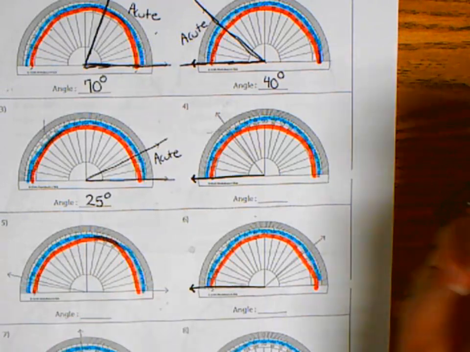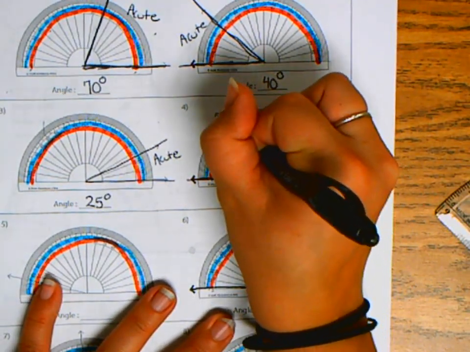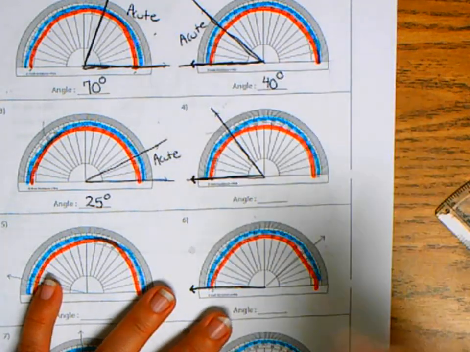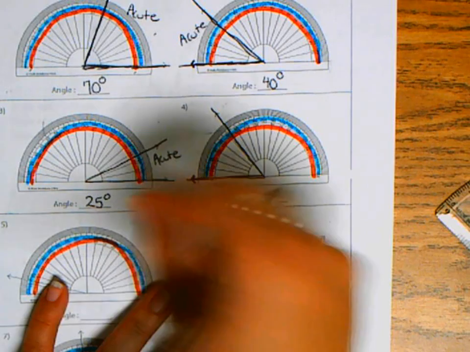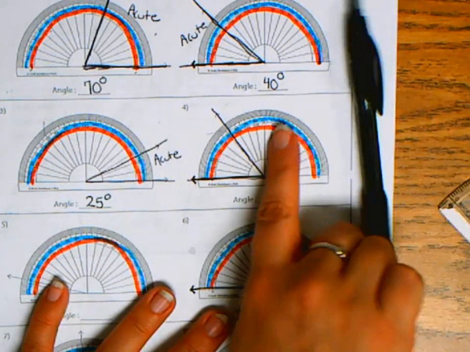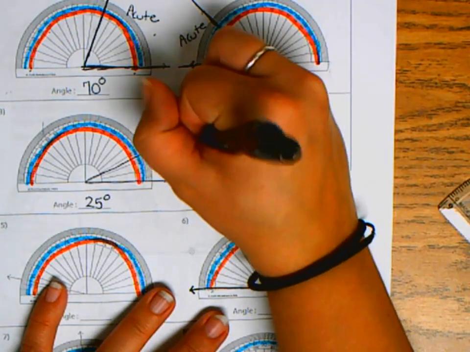Okay, let's look at this one. Now this one opens to the left. It is still less than 90 because here's our 90-degree line, right? So it's still less than 90, so it's an acute.